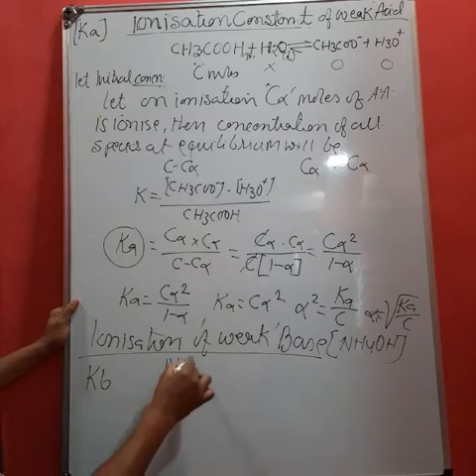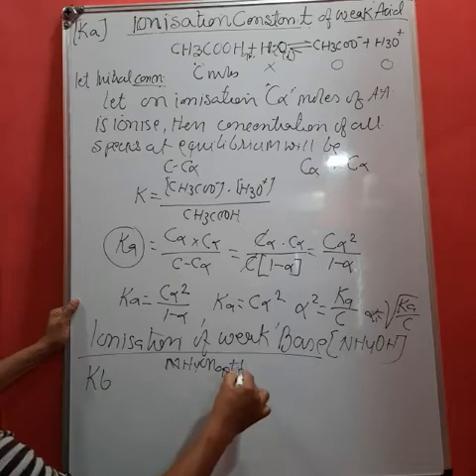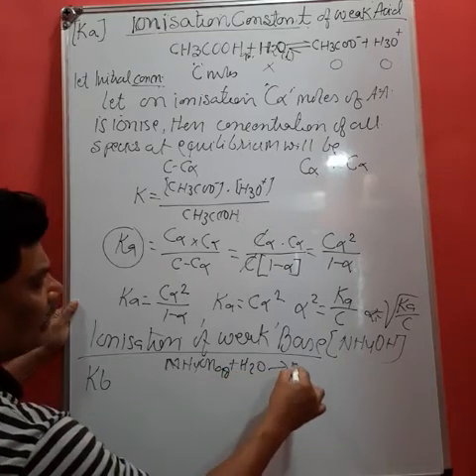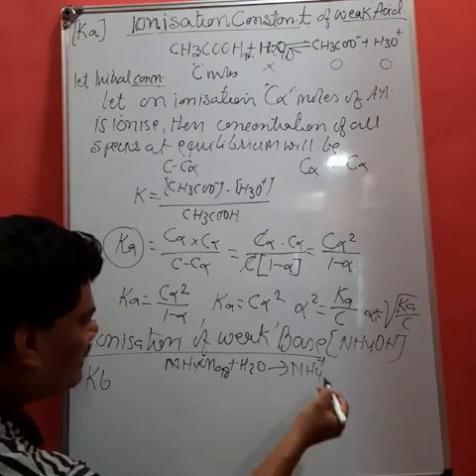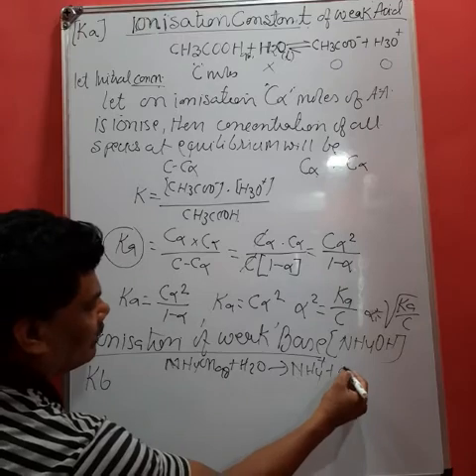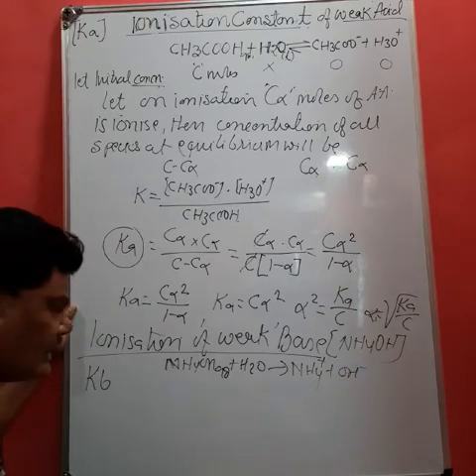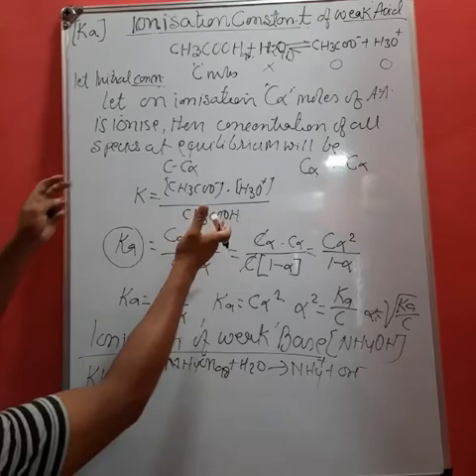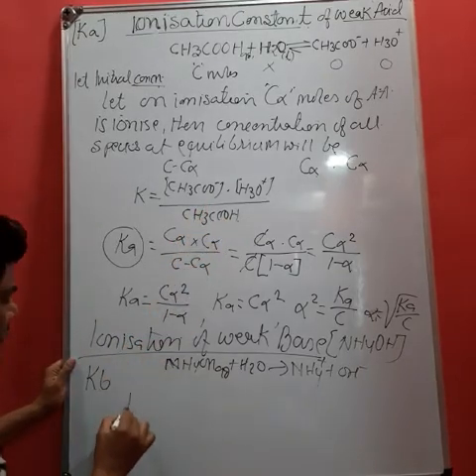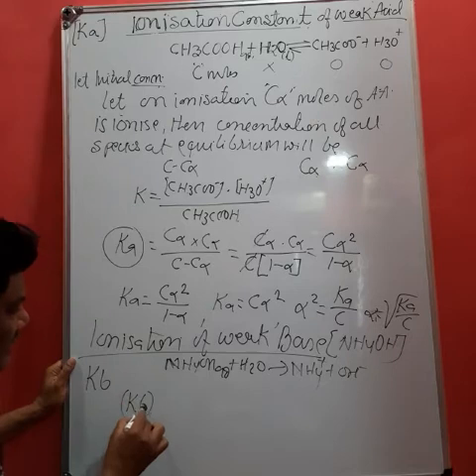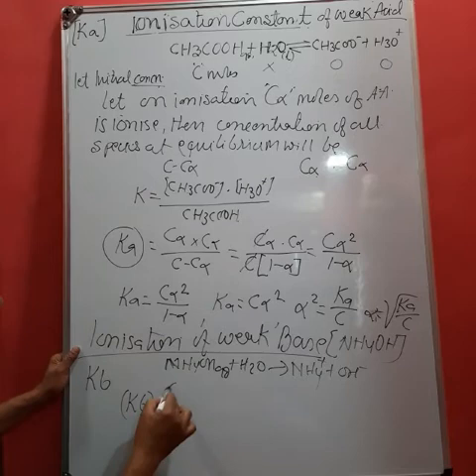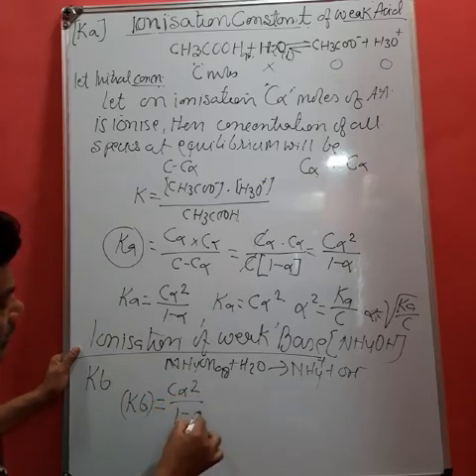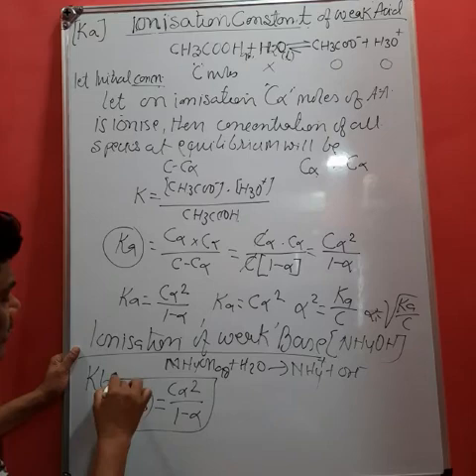You have to write NH4OH aqueous plus H2O will form NH4 cation plus OH anion, isn't it? In aqueous solution. So place the values similarly. That will become Kb, the ionization constant of weak base. You will get the same thing: Kb is equal to C alpha square upon 1 minus alpha. So this is also for the Kb value.